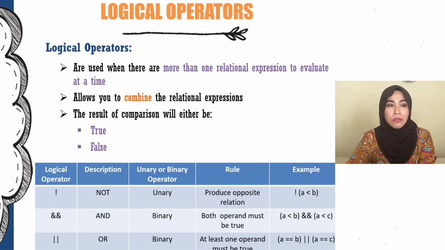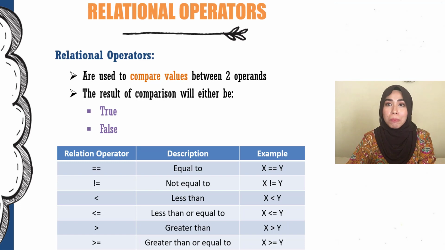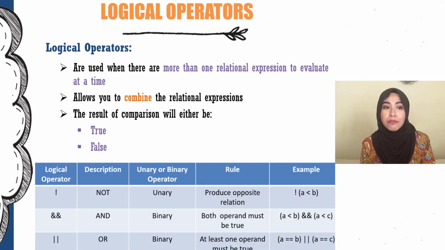Relational operators are used to compare between two values, and then produce the answer as either true or false. Whereas logical operators are used when we have more than one condition that we need to evaluate. Maybe you want to combine them so that we are able to evaluate it a bit further.